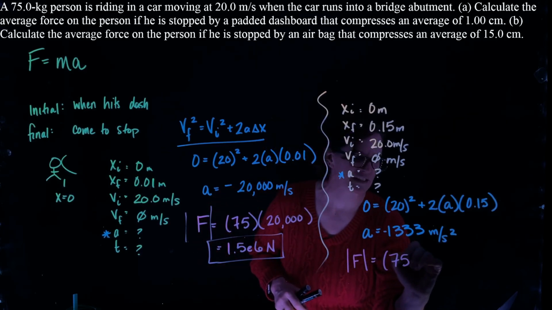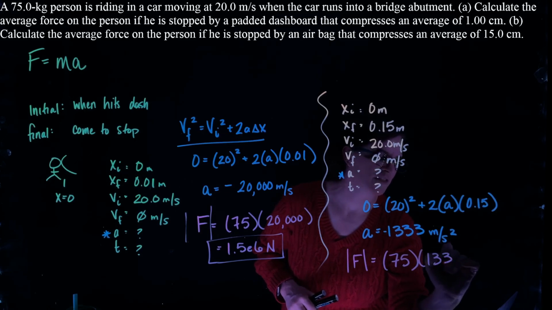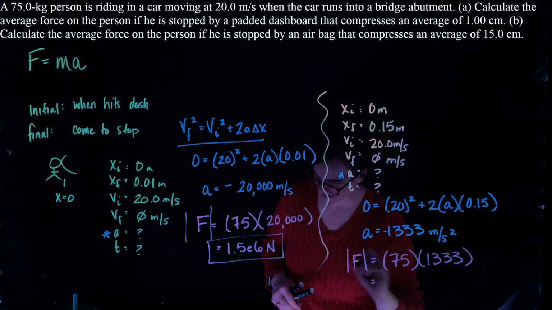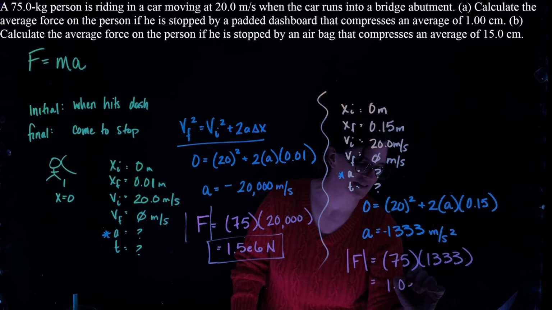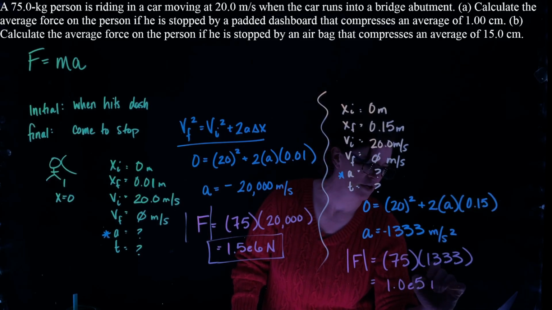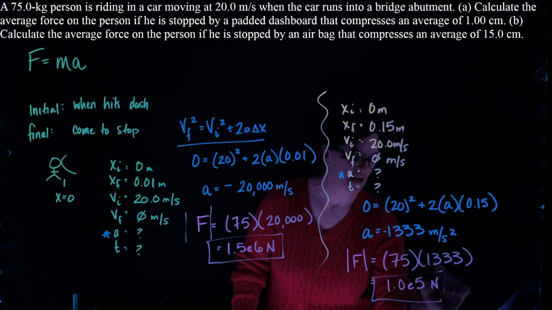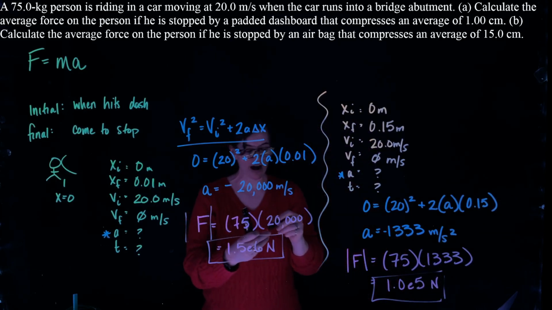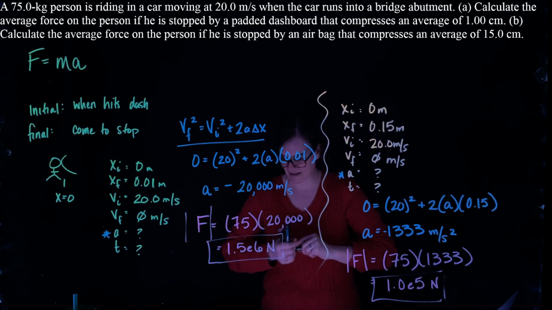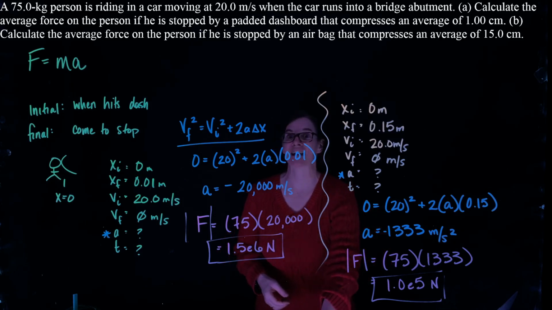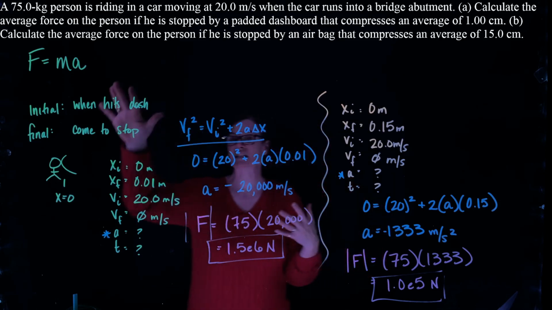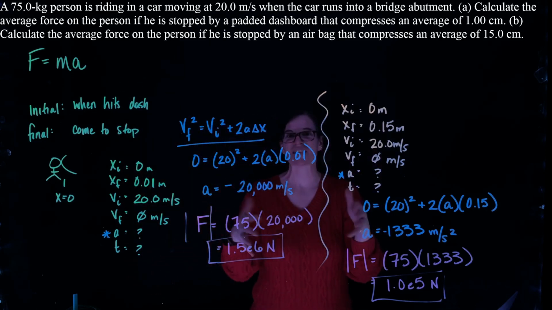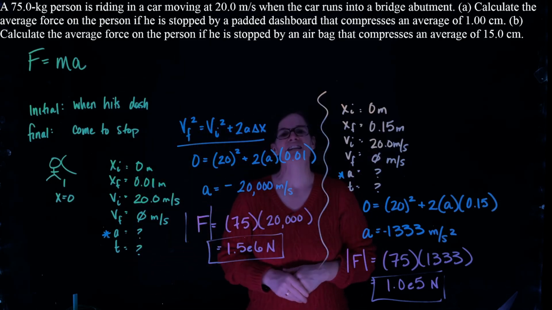We have 75 times 1,333, and we find in this case the average force is 1 times 10 to the 5th newtons. So less by an order of magnitude in terms of whether I hit that dashboard or I hit that airbag. So thinking of average force, knowing we need that acceleration, and then using our kinematics to find that acceleration. All right, good job.